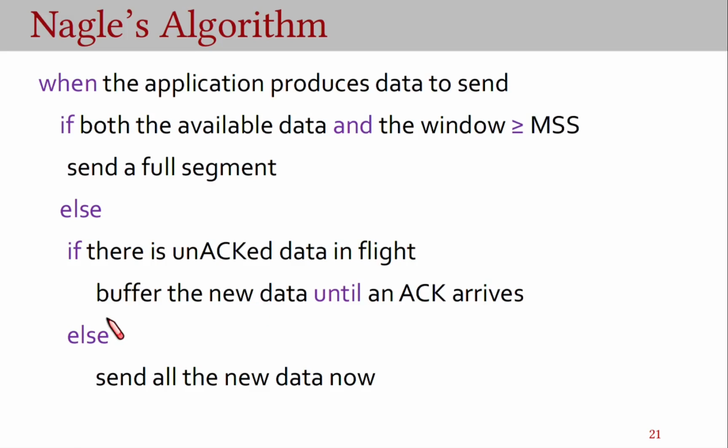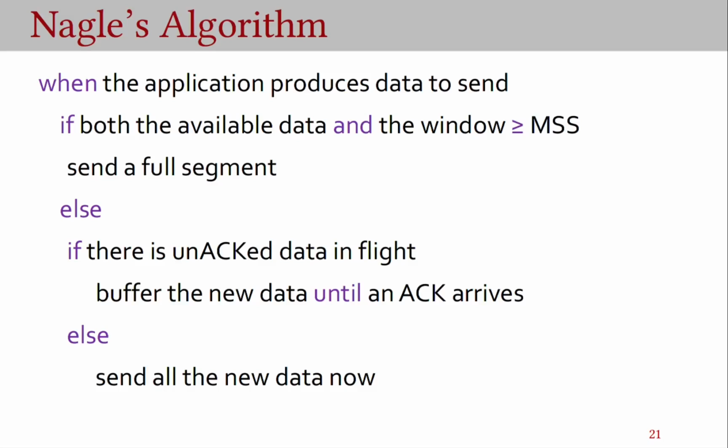And if none of this is true, so if the available data is less than the maximum segment size, and the window allows sending the data even though it may be less than the maximum segment size, and there is no unacknowledged data in flight, then send the new data now.